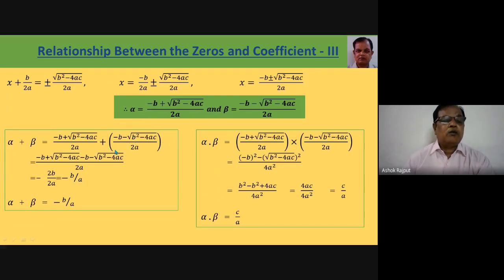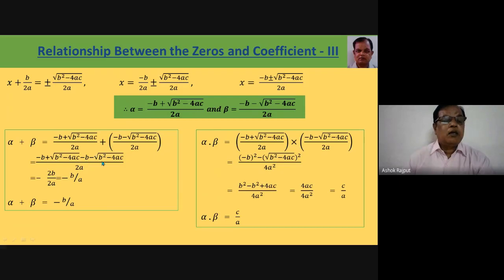Because we are going to add here, the denominator is the same, so the LCM is 2a. Minus b plus under root b square minus 4ac, because here it is plus, so the sign will never change, minus b minus under root b square minus 4ac.